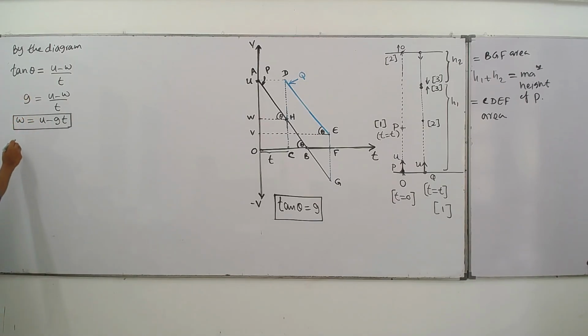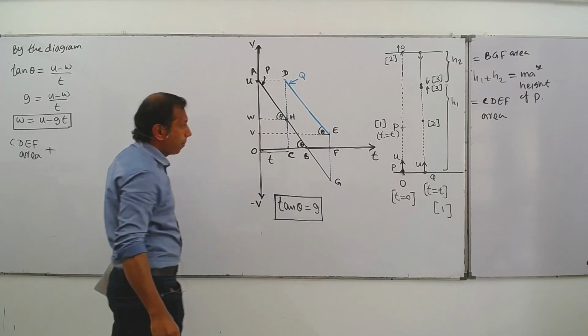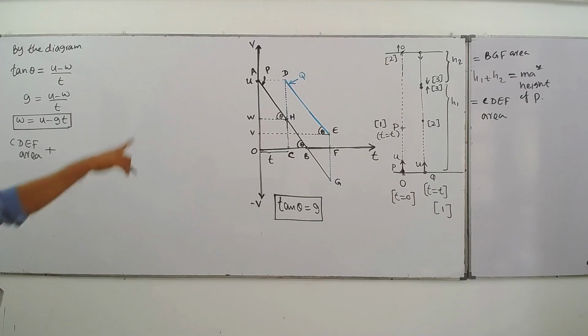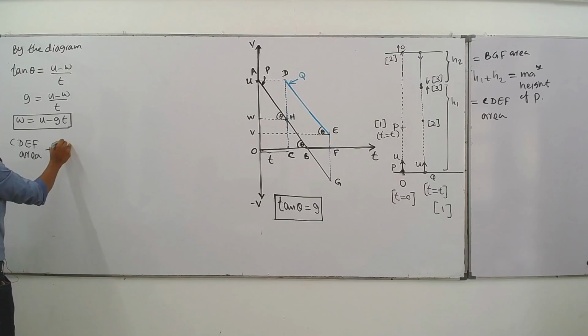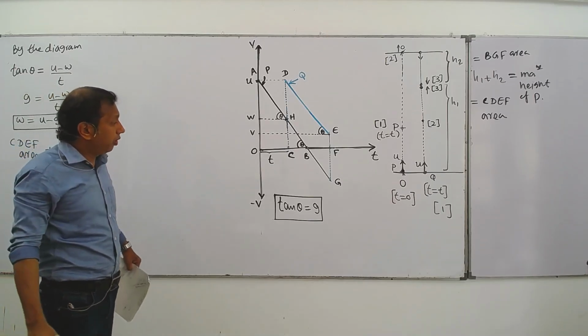Now we can write the relation. CDEF area, that is this. That area is given by H1 in that diagram, and BFG area. CDEF area plus BFG area.